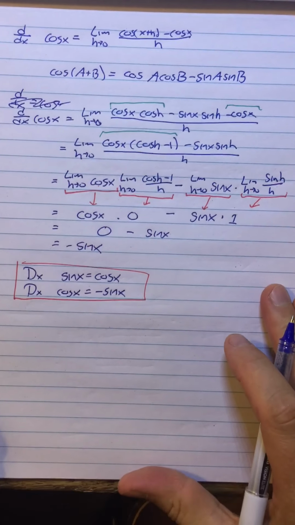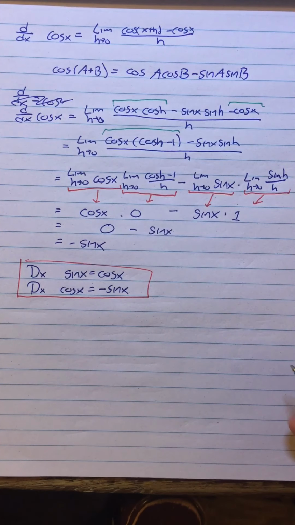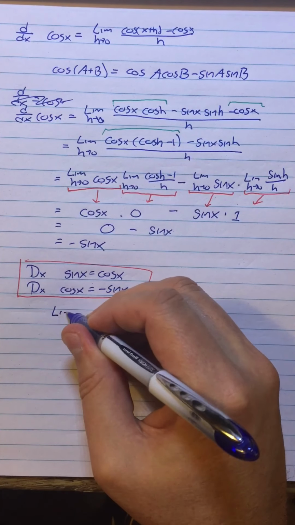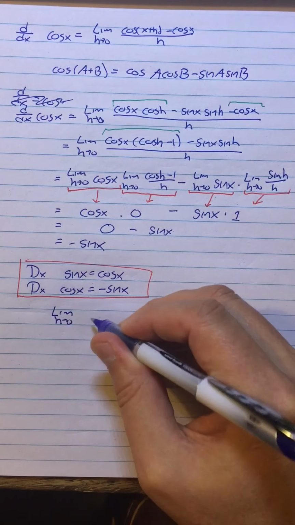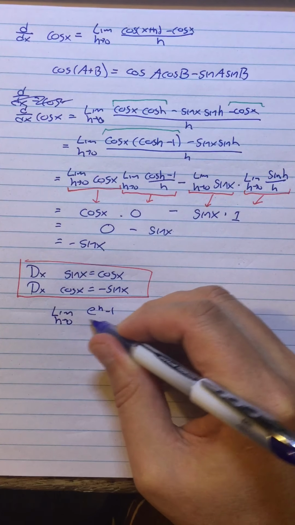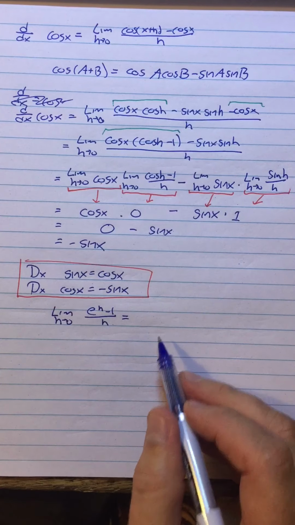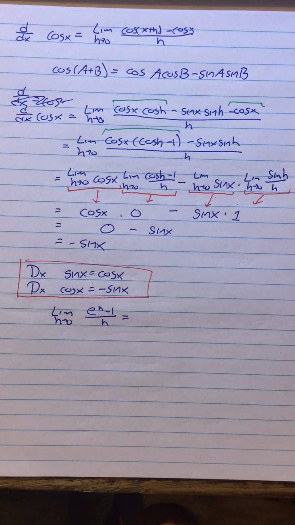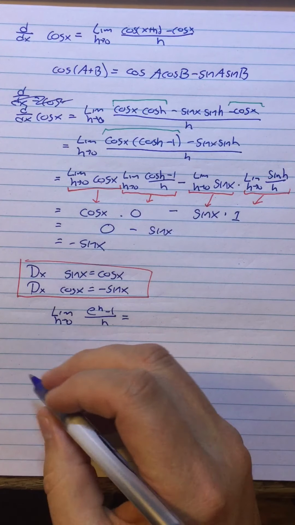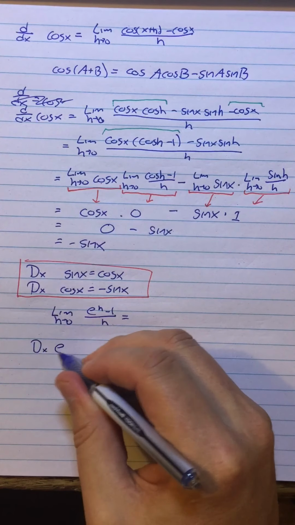And what I want you to do first, before we start that one, is I want you to find out what the limit as h approaches 0 of e to the h minus 1 over h is. What is that limit? You make a graph and determine what that limit is, because we're going to use that for our next derivative, which is going to be the derivative of e to the x.